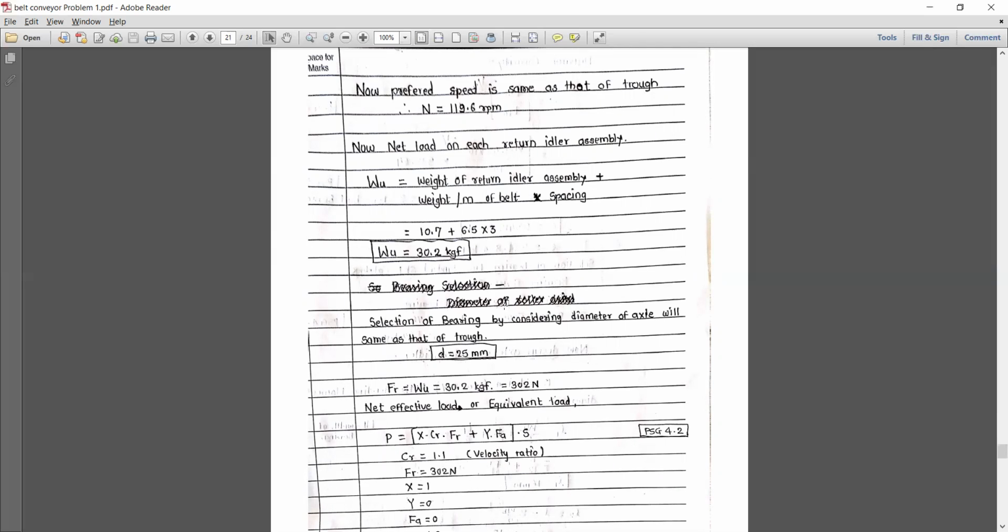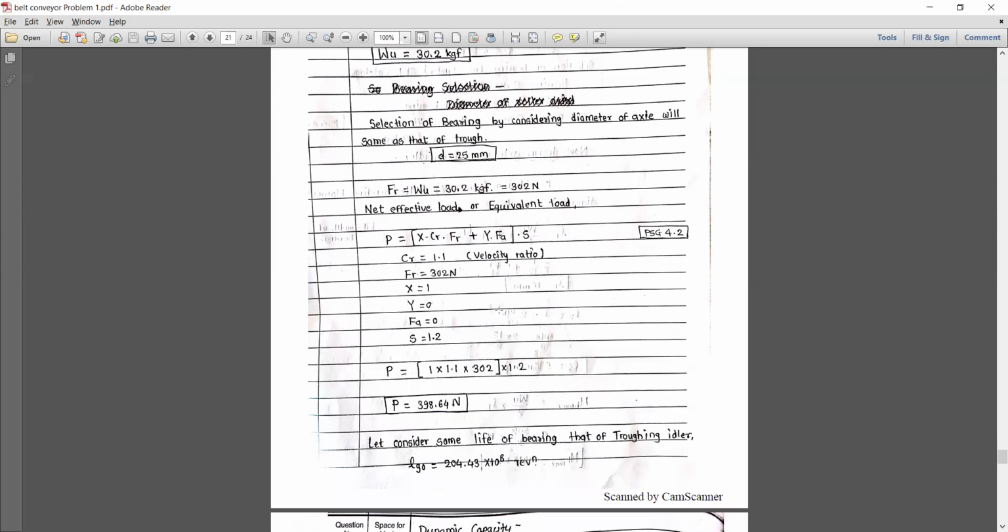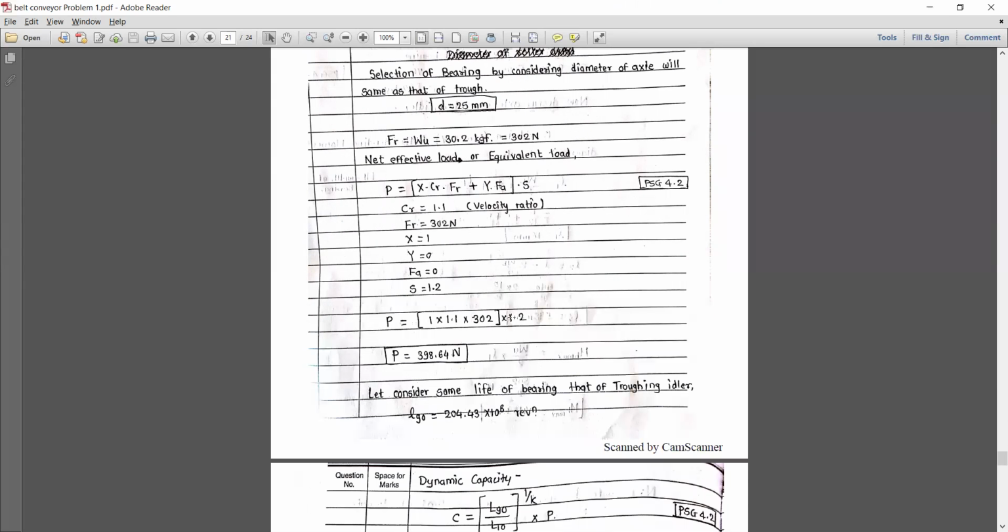Okay, so WU is equal to 30.2 kgf. Now for the selection of the bearing, the diameter of the axle will be the same as the troughing, that is D is equal to 25 mm. The radial force is equal to WU, that is 30.2 kgf or 302 Newton.